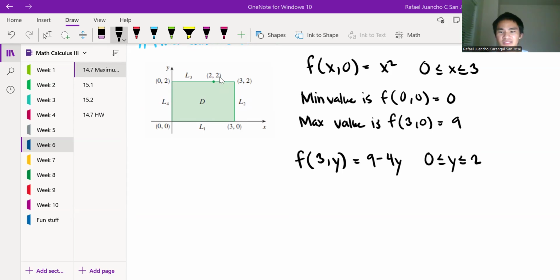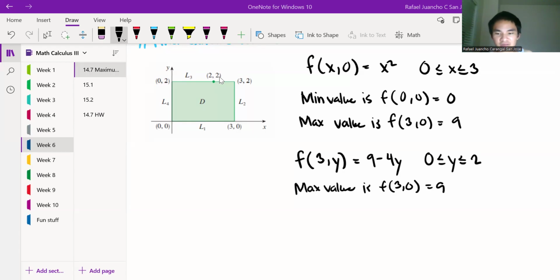And this is a decreasing function of y, so the maximum value is at 3, 0, which is 9. Or no, I think it differed here. Oh, no, it didn't. My bad. It's a decreasing function of y.